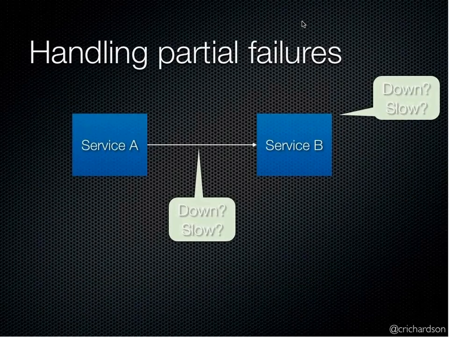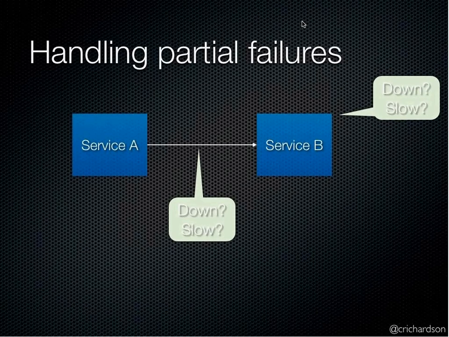And then the final main topic here is, now that we've built a distributed system, we have this whole problem of partial failures. Before, when service A called service B in a monolithic application, that was a Java call, and there were no subtle issues around that. But now, service B is in another process, and it could be down or it could be slow.